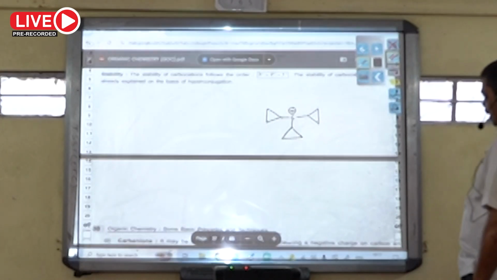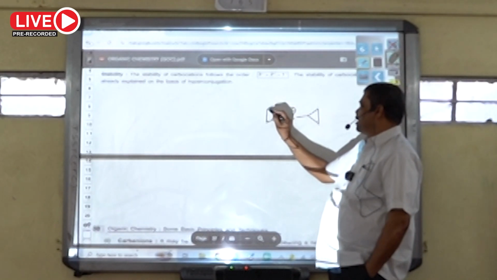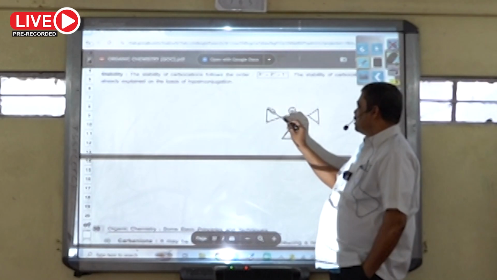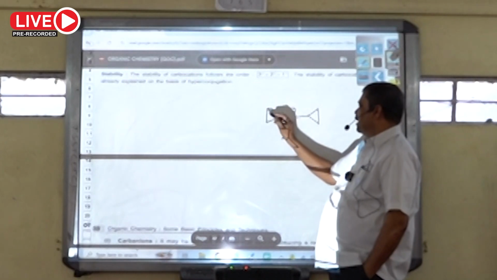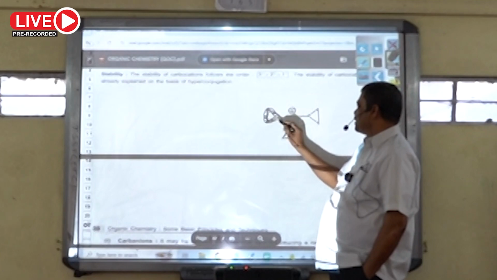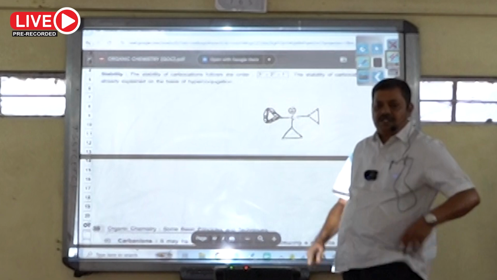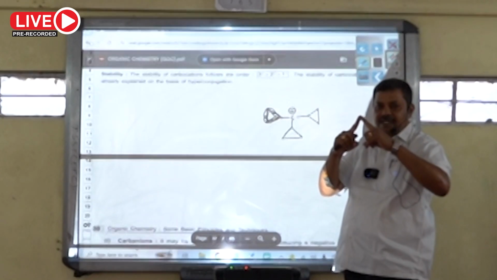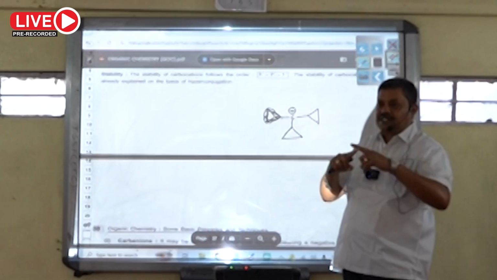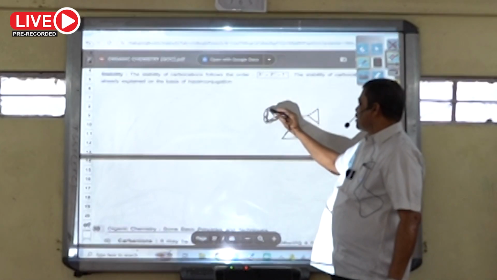What is this bent bond or dancing resonance? Actually, this triangular shaped cyclopropyl ring has orbital overlap like this. These orbitals overlap along the lines. They have repulsions. That's why they don't stay there. They just bulge out.